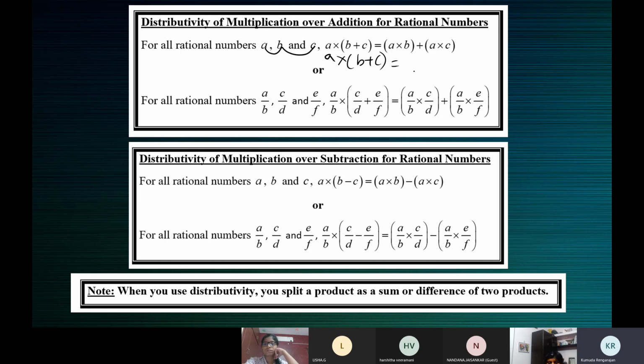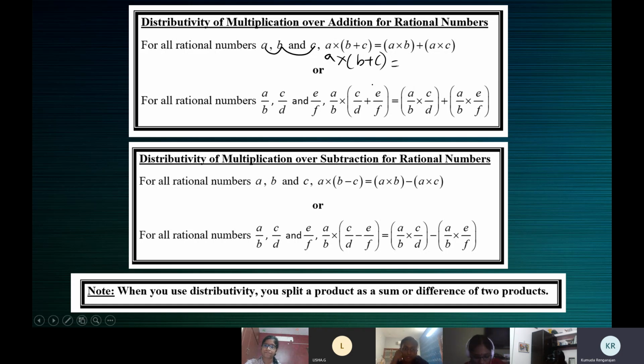So this you're learning as a property now, which you will be verifying. Like you believed earlier the commutative property, associative property, we verified, right? And then we believe, yes, we are getting the same answer in the LHS and RHS. Here also, now I'm just telling you, so you will have to nod your head.